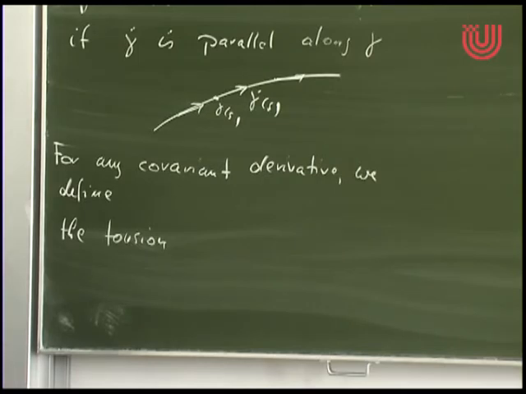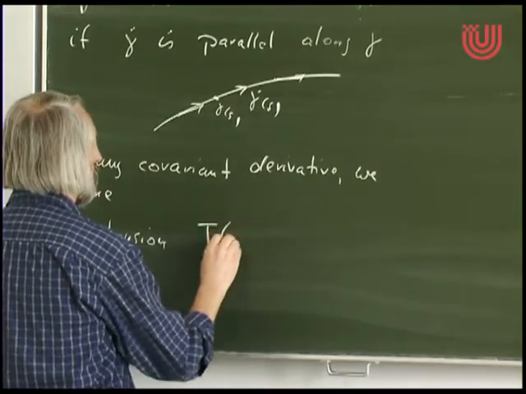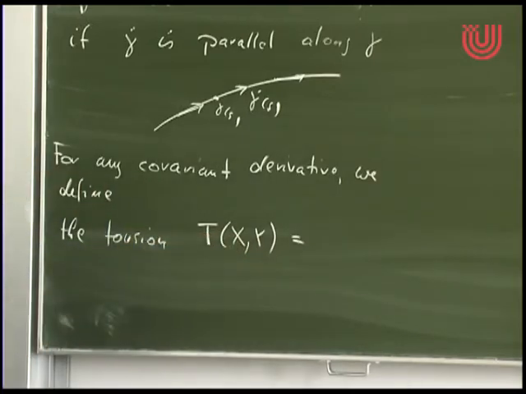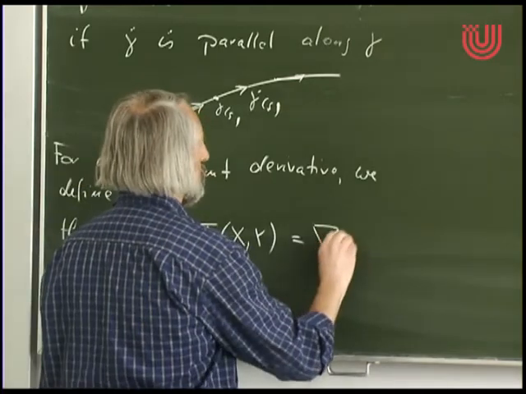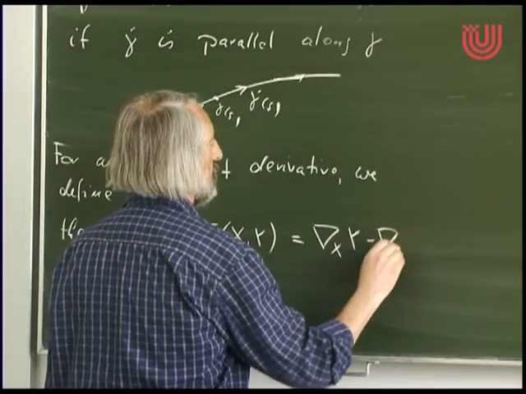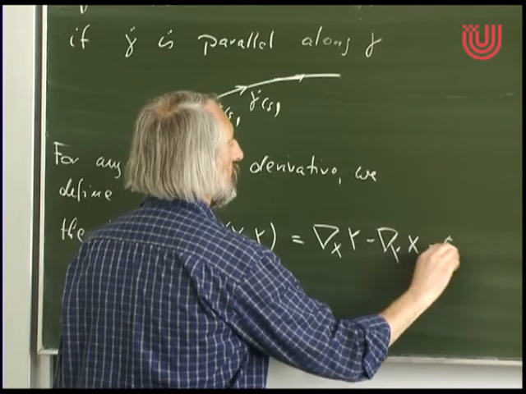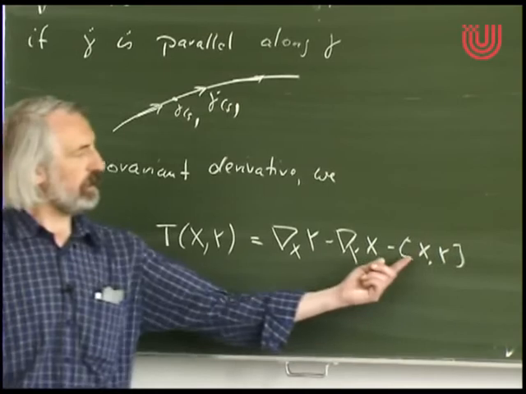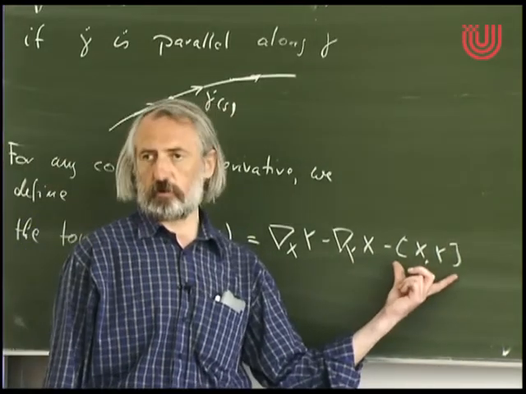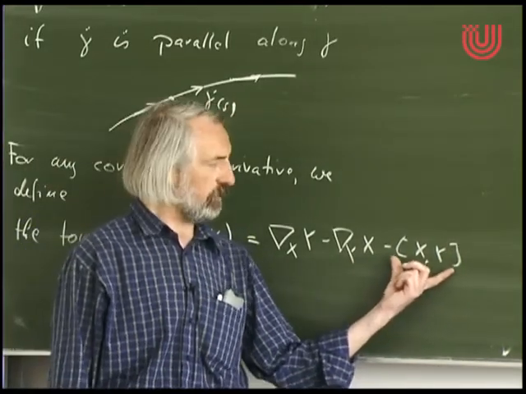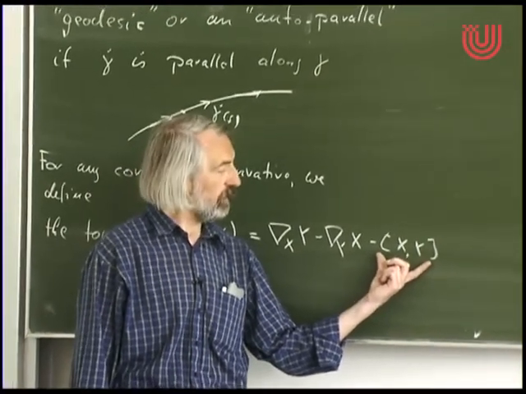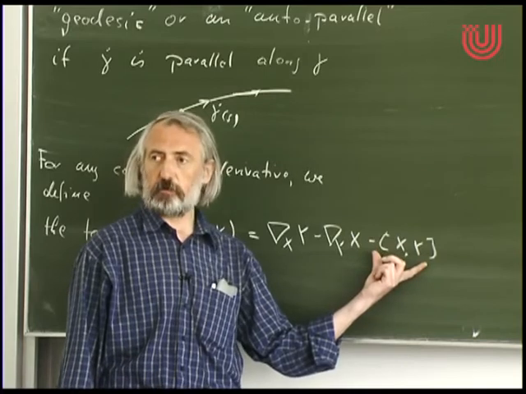But the introduction is just formal. The torsion is defined in this way. The torsion has two slots, and into the slots we put vector fields, and the result is del x y minus del y x minus the commutator of x and y. Remember, x and y are derivative operators, so I can form the commutator. We have discussed this already in the last worksheet. Yeah, in the tutorial the day before yesterday, you talked about this notion.